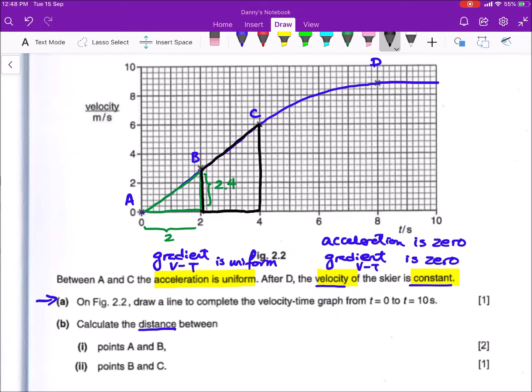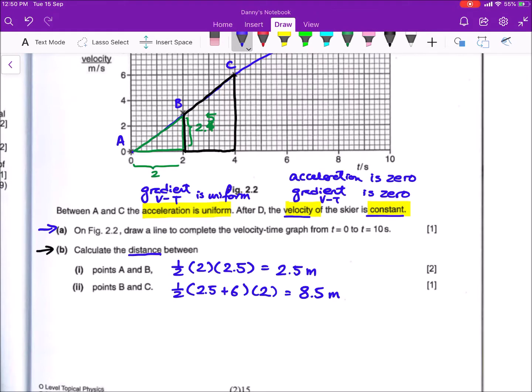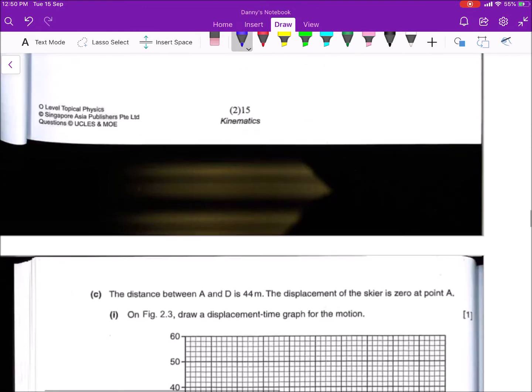So depending on your level of mathematics, you can calculate it with one formula, or you can break it down into a rectangle and a triangle. Okay, so this part I'm going to skip. After your calculation, you will be able to find out the distance traveled between AB, BC using simple formula for areas, for triangles and trapezium.